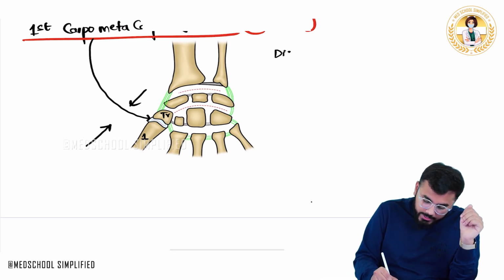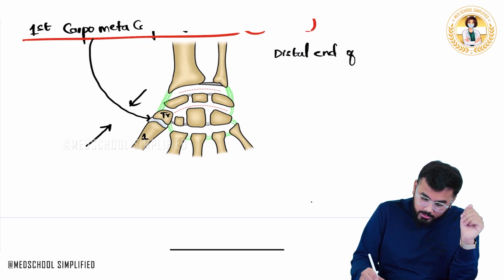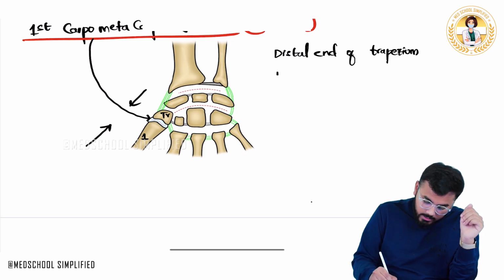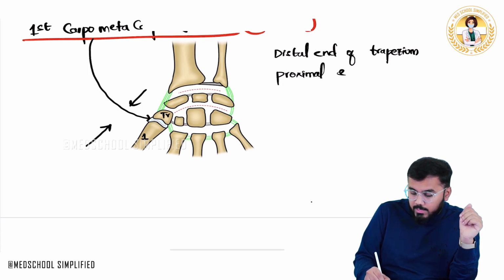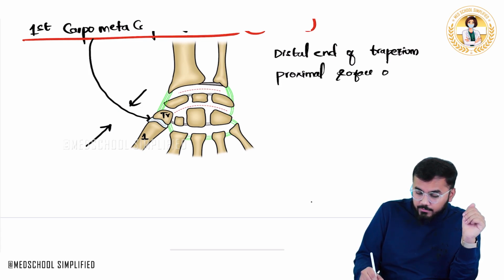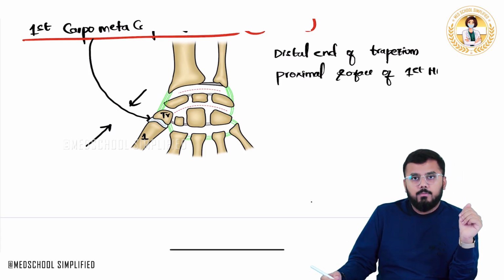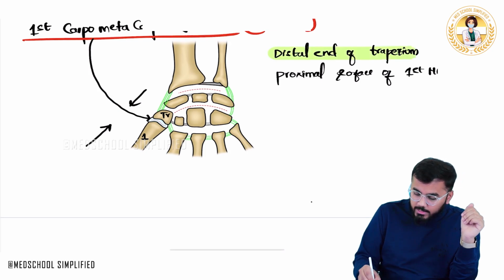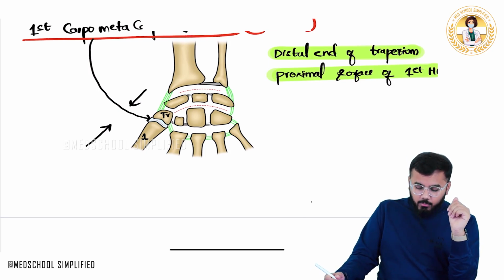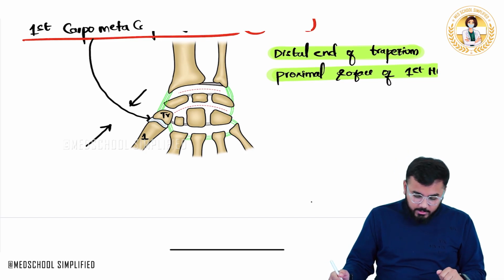So it is formed by distal end of trapezium, and between distal end of trapezium and proximal surface. Proximal surface of what? Proximal surface of your first metacarpal. Okay. So it is formed between the distal end of trapezium and the proximal surface of your first metacarpal. So in between both of this, whatever joint has been formed, this is called as carpometacarpal joint, right?